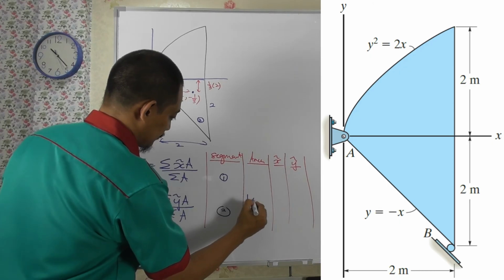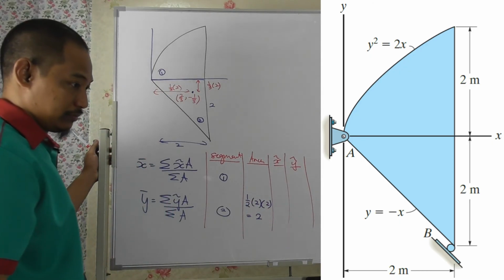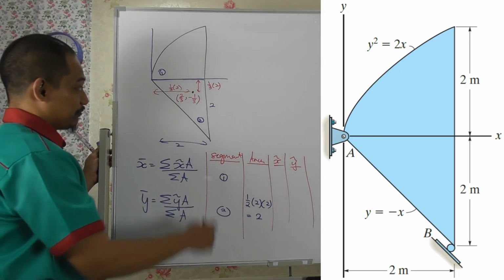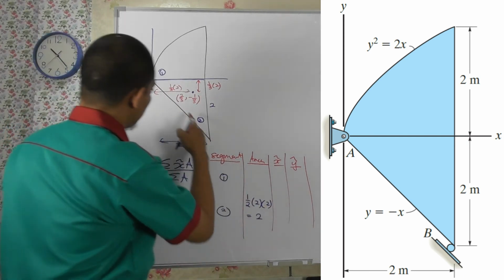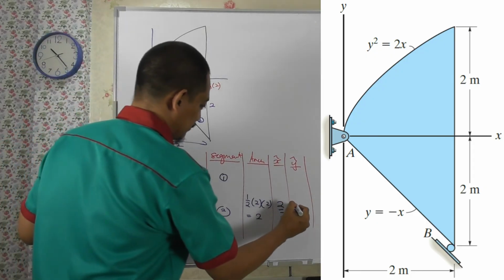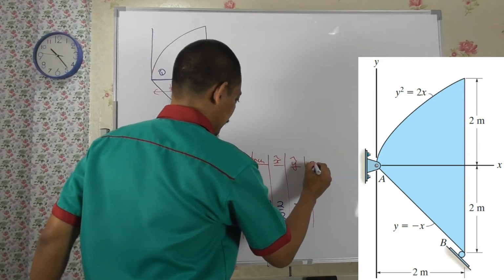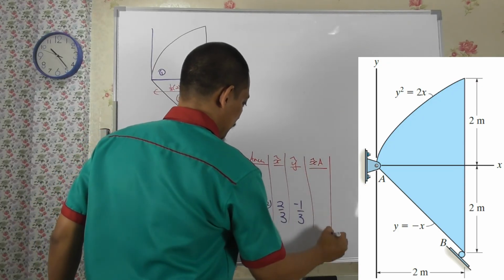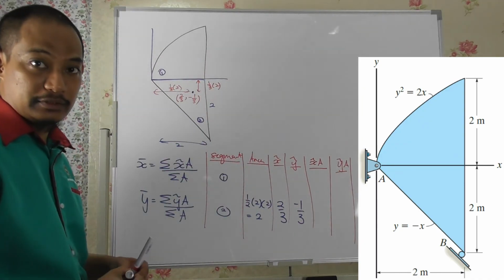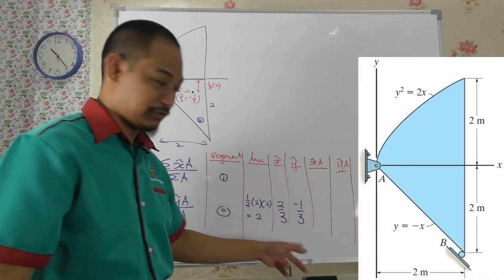Half times 2 times 2 becomes 2 meter square, and for x bar is basically 2/3, and then for y bar -1/3. Of course, you have what follows, x with A, y with A, right? And you know the drill, what happened afterwards, right?